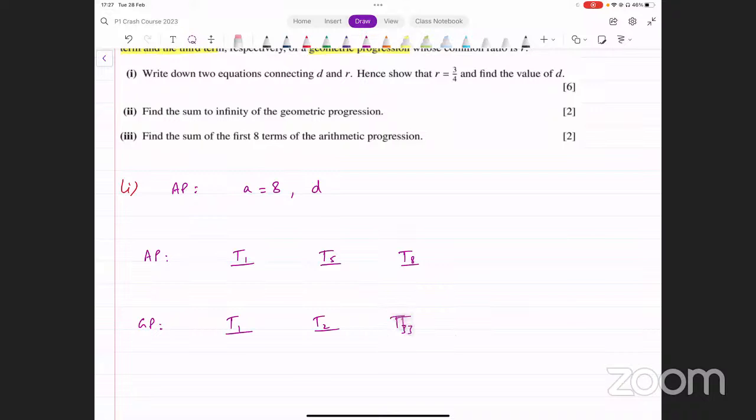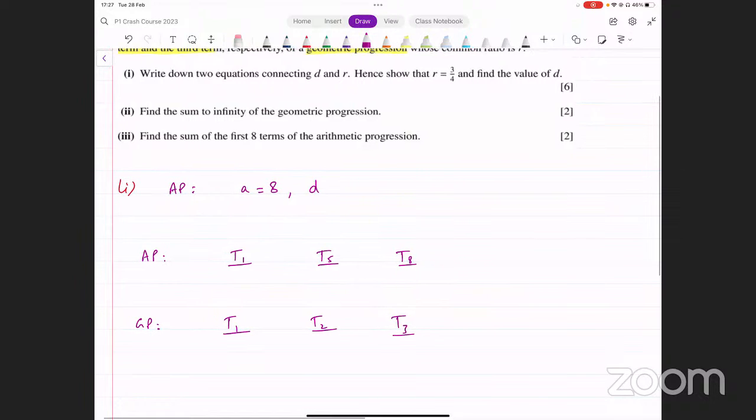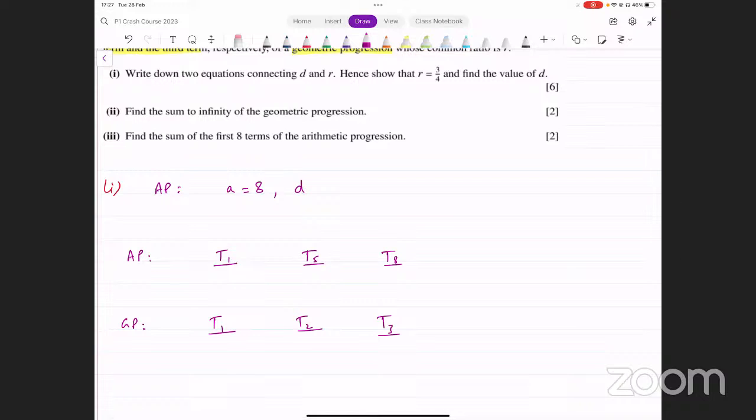These are the three values that we're looking for in each sequence. And remember what the term formulas are for AP and GP. For an AP, Tn is equal to A plus n minus 1 times the difference. And for a GP, it's Tn equals A R raised to power n minus 1. They're given in the formula sheet as well. In case you forget, you can refer to that formula sheet.